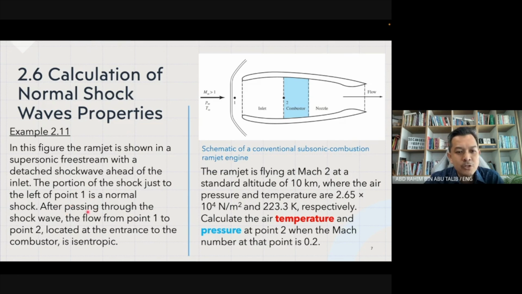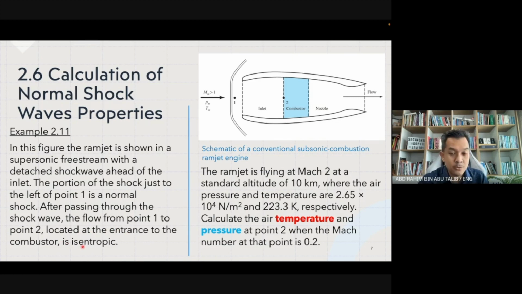After passing through the shock wave, the flow from point 1 to point 2, before it goes into the combustor and the nozzle and exits the engine, is assumed to be isentropic. Point 2 is located at the entrance to the combustor.